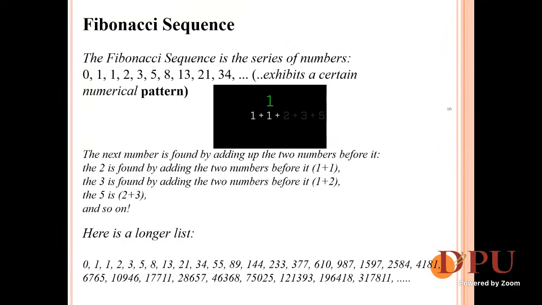Now, talking about patterns, the very first pattern that comes to our mind is the Fibonacci series, something like 0, 1, 1, 2, 3, 5, 8, and gradually if you proceed, you will see in the Fibonacci series there is a certain inherent underlying pattern. Now, what type of pattern?